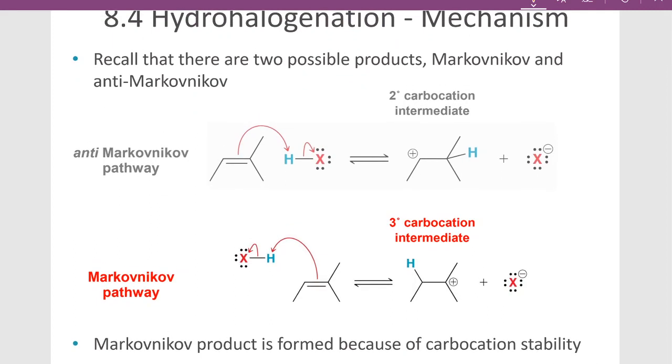So the anti-Markovnikov pathway, if that were actually the mechanism observed or the product observed from this mechanism, would have resulted from a secondary carbocation intermediate from this starting material, whereas the Markovnikov pathway results from a tertiary carbocation intermediate from this particular starting material.